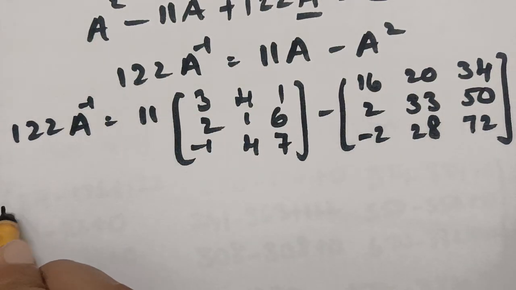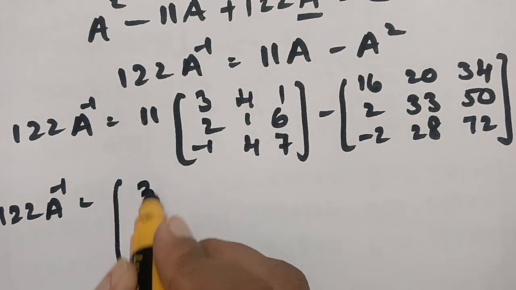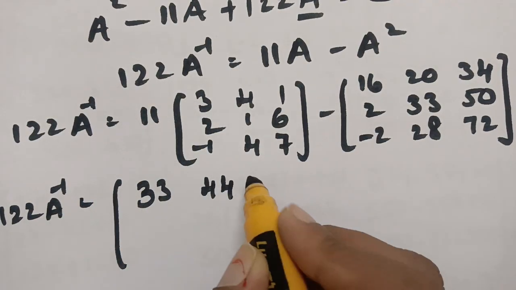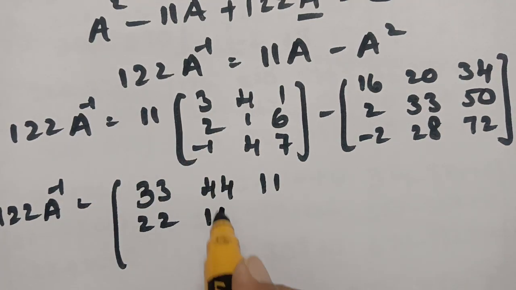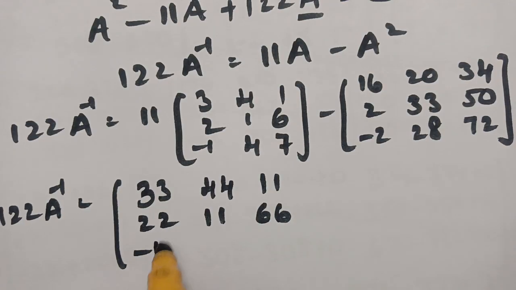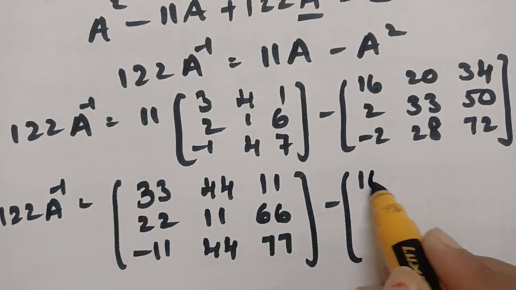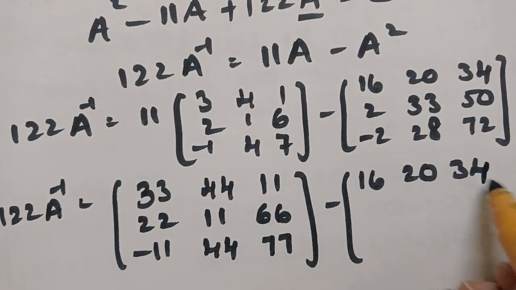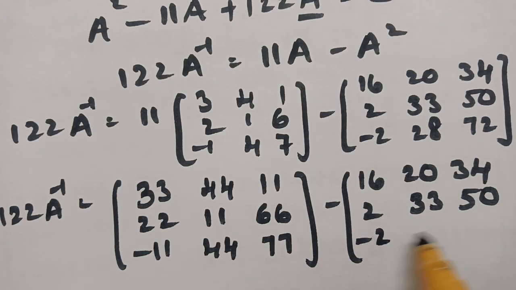So 122A inverse is equal to 33, 44, 11, 22, 11, 66, minus 11, 44, 77, minus 16, 20, 34, 2, 33, 50.